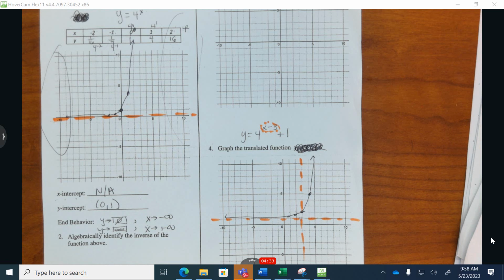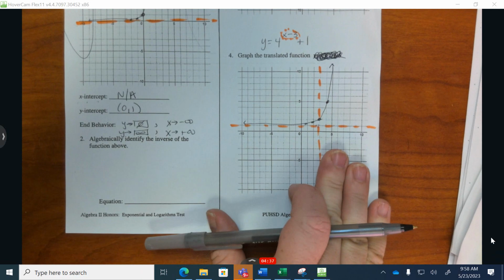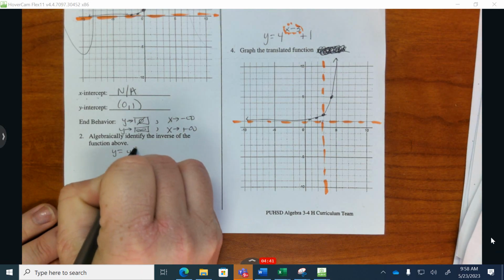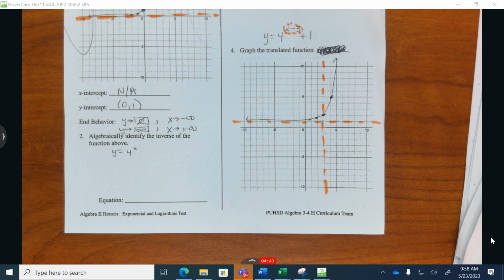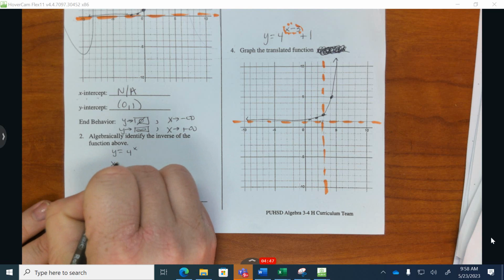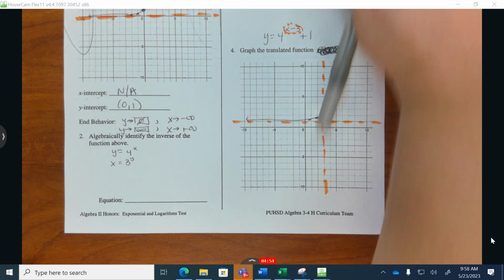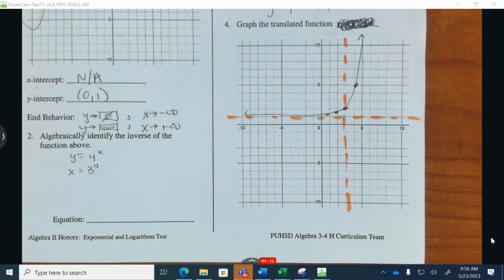The last two things we're going to do here is number 2 and number 3 are going to be connected. So we want to take this original function, and algebraically we want to identify the inverse of it. Well, how do we find the inverse? We switch the x and y, and then we have to isolate the y. So if I want to solve for y, I need to somehow remove the 4.